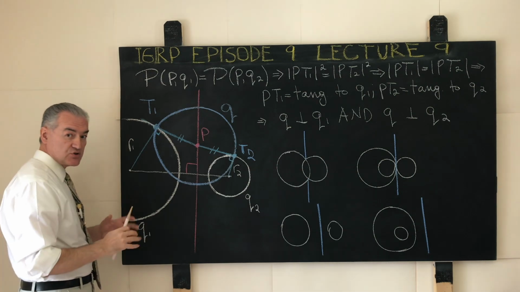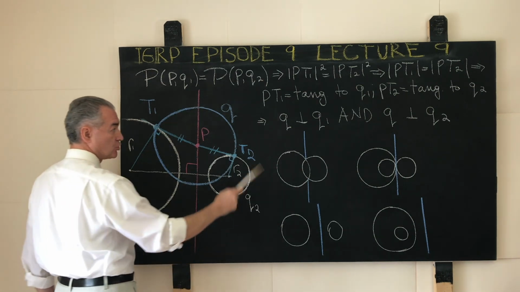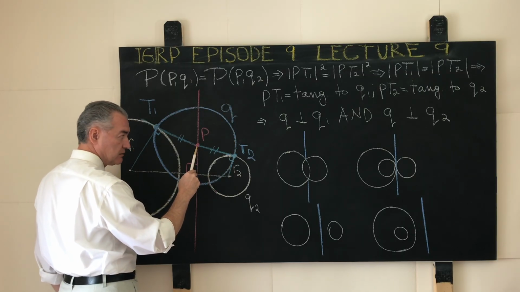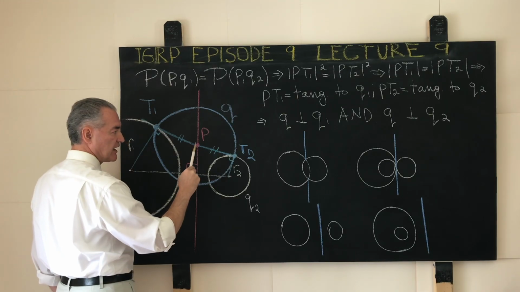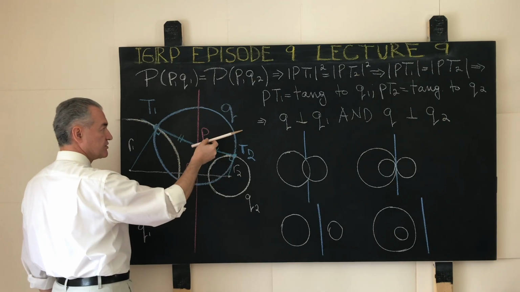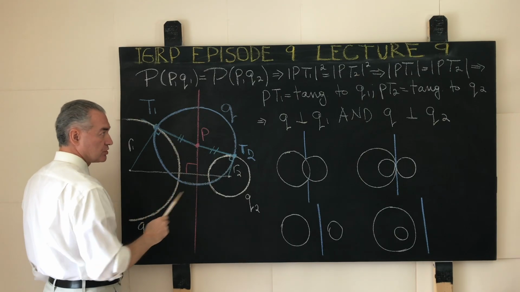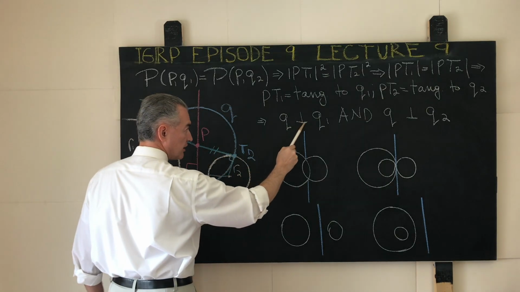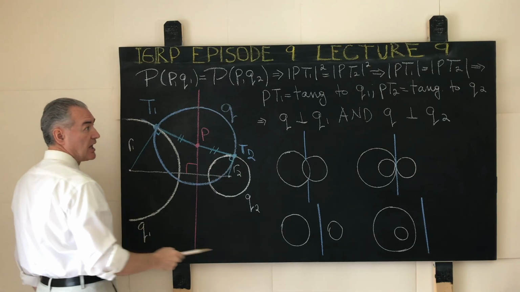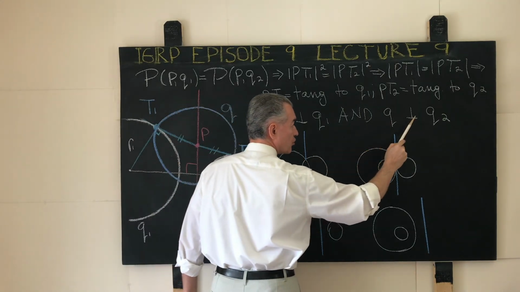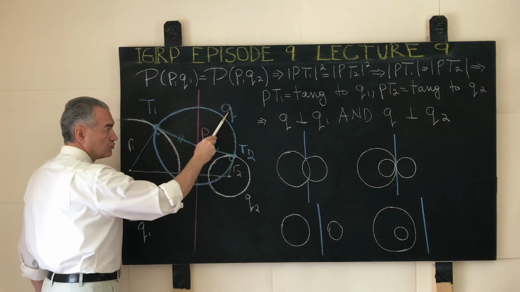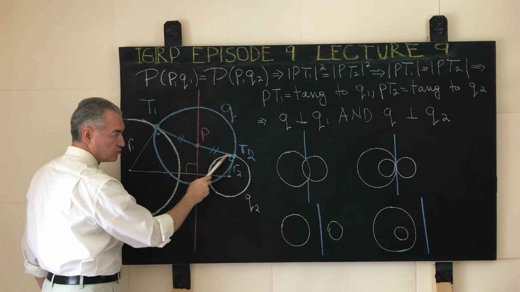Going back to our definition of orthogonal circles, that means that the sample circle Q, thus constructed, pick any point P, let's say on the radical axis, that is strictly outside or on the circles, construct the corresponding tangents, snap a circle, and that circle Q will be orthogonal to the circle Q1, shown on your left, and that circle Q will be orthogonal to the circle Q2, shown on your right.